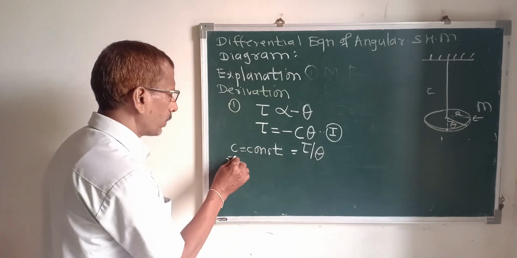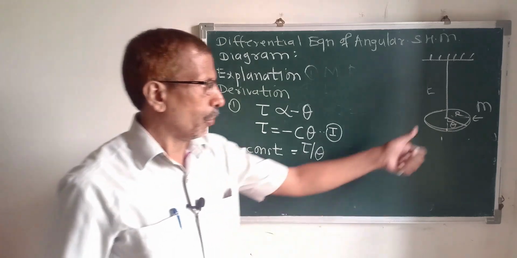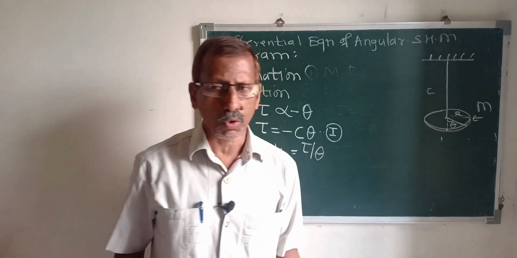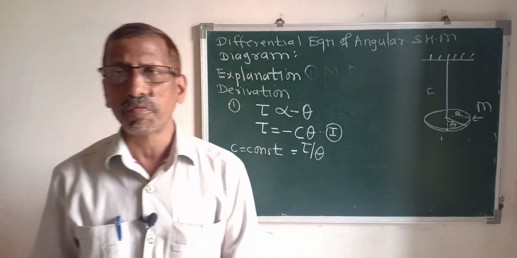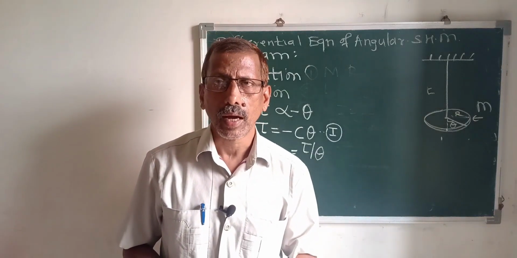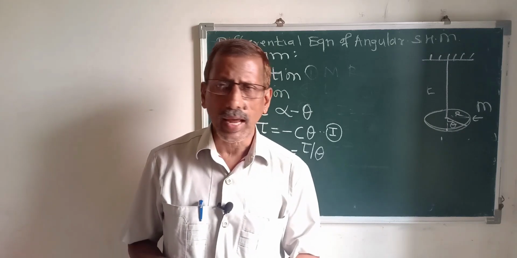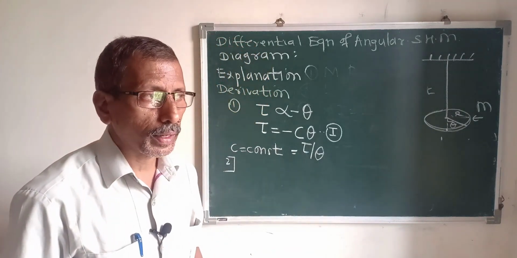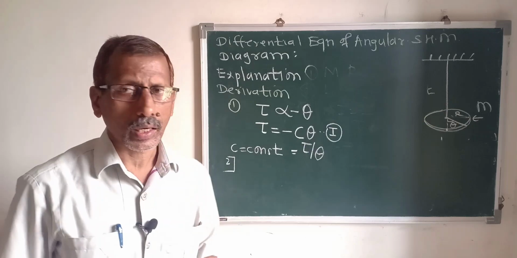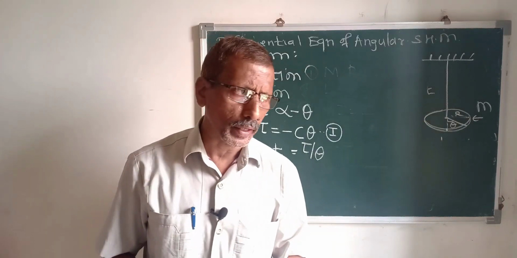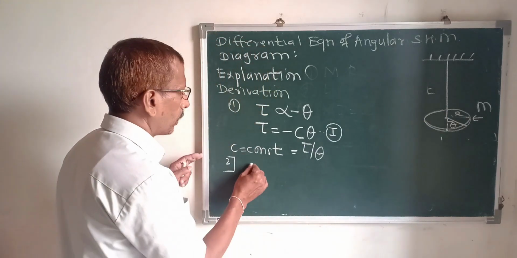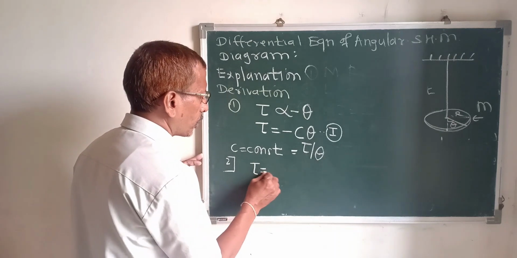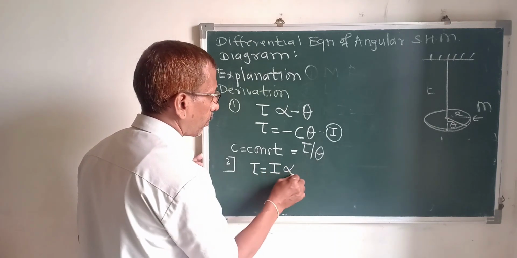Again we know that when the disc is in rotational motion, the moment of inertia I, angular acceleration alpha, and torque are related by the equation, torque tau is equal to I alpha.